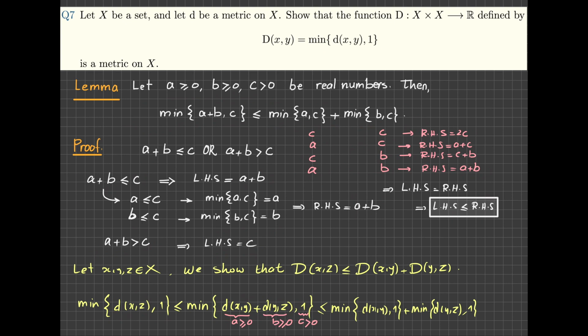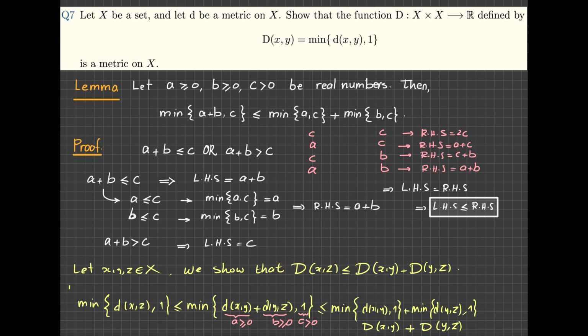Yes, but if I ask you what can I write instead of that based on the definition of capital D, I can write it as capital D of x and y. And if I ask you what can I write for the second term, hopefully you agree with me that this is nothing except capital D of y and z. So where did I start here? If I ask you what this is that I have written here, this is just capital D of x and z.